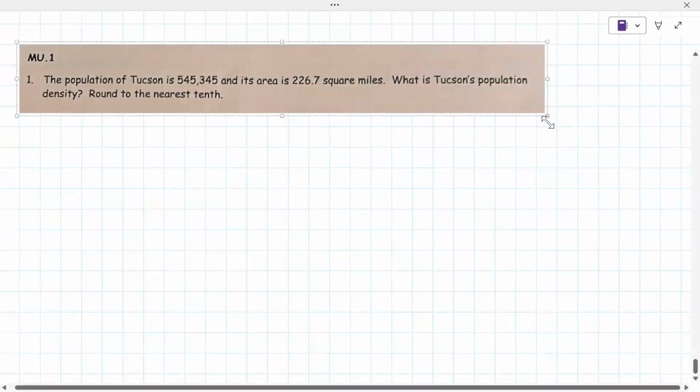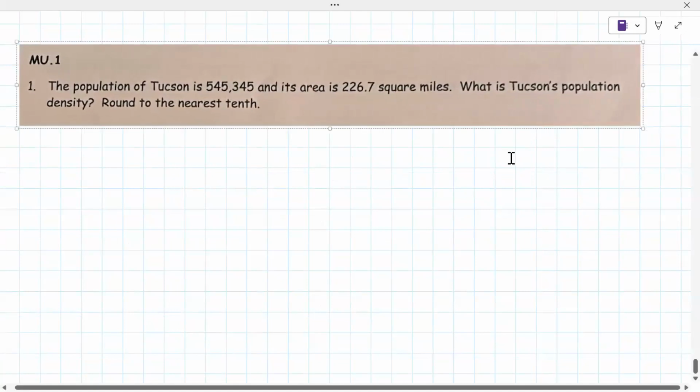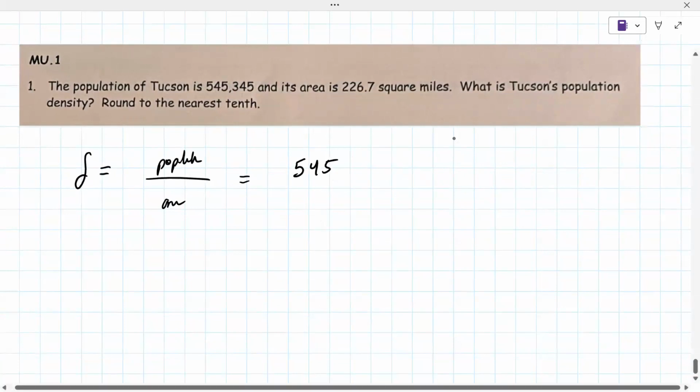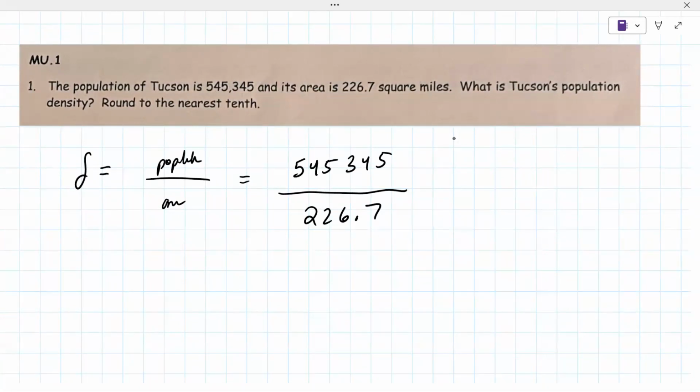The population density of Tucson is this, and its area is this. What is the density? The density is typically population per area. There's no conversion here as far as I can tell. It's the population divided by the number of square miles. Round to the nearest tenth.